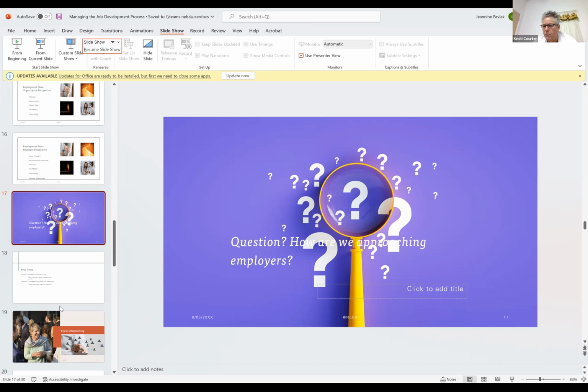They want a return on their investment. They want someone who's going to contribute to the success of their business. And we don't even talk program. It's really, we have someone that we know is motivated, reliable, dependable. You have this need, and our job is to match that and make sure it's a good placement.